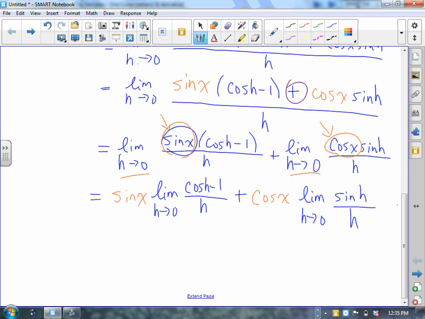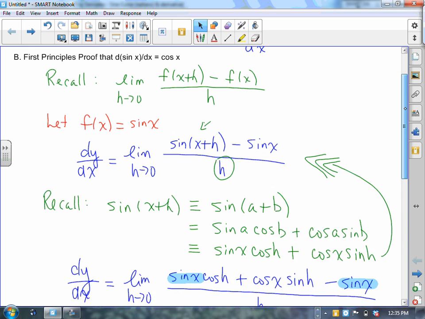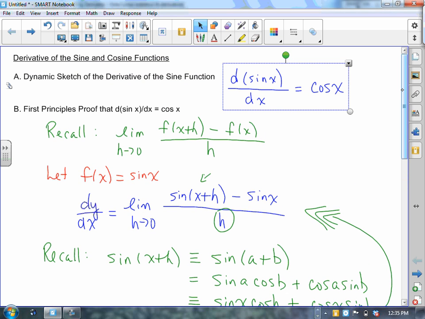Now that we're at this point, take strong notice that graphically, it was shown with the dynamic sketch that the derivative of sine x was cos x.